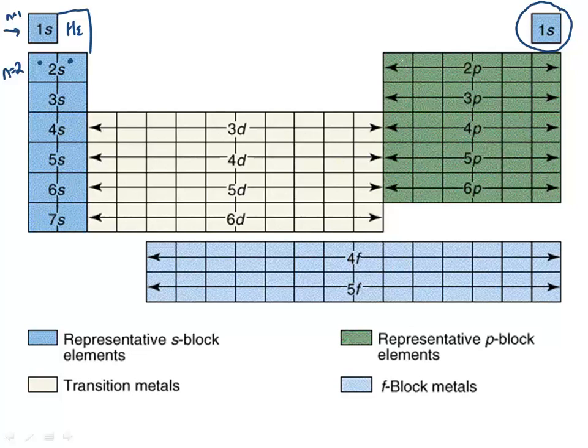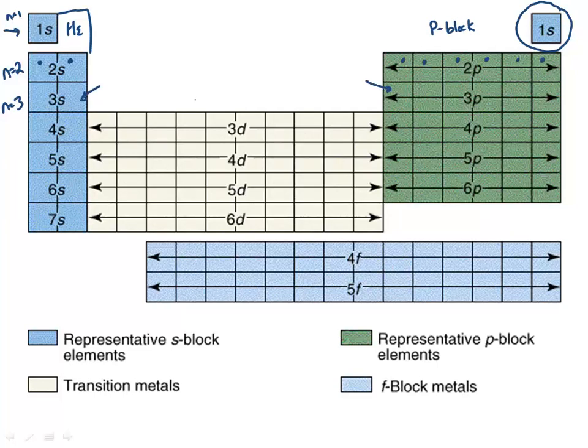Our p orbital has 1, 2, 3, 4, 5, 6 electrons we can put in it. This whole block over here is sometimes called the p block elements simply because all their electrons are in p orbitals. And for n equals 3, we have our 3s orbital we talked about, and we have our 3p orbital.